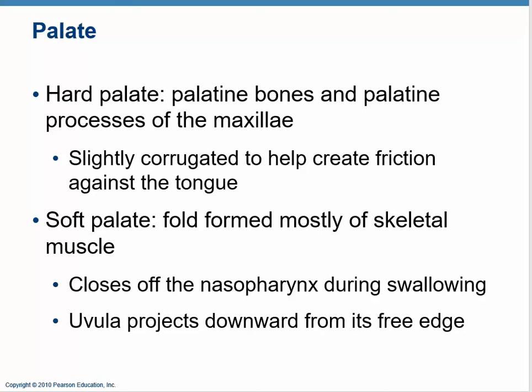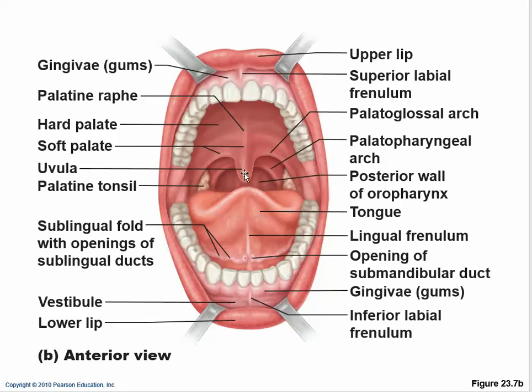And behind that is something called the soft palate, and it's skeletal muscle, and it has a couple of functions. One of the things, it closes off the nasopharynx when you're swallowing, and the uvula is the bit that hangs down. So the uvula is this bit here. It's considered part of the soft palate.